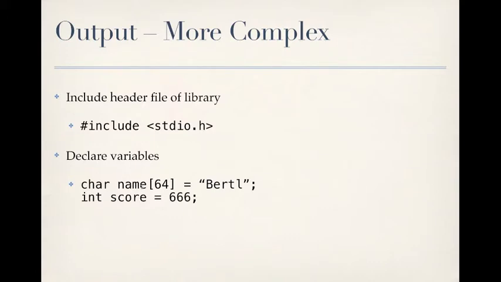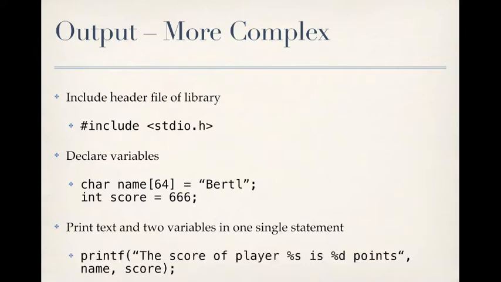We have an array of characters again, and we initialize it, and we have an integer, we call it score, a variable of type int, and we initialize it with 666. And now we can write out the score of player %s is %d points.